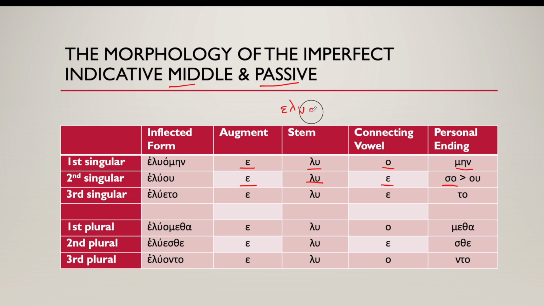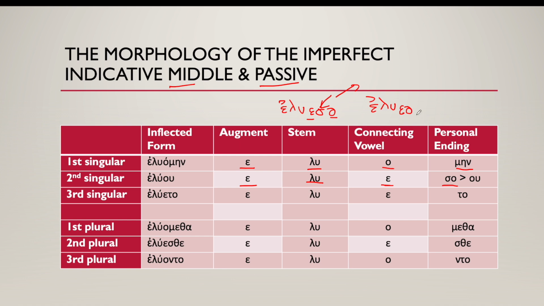Elu-e-sou. So that's what it looks like. But there's a little funny thing in Greek where the sigma does not like to be in between two vowels. So the sigma goes away, it drops out. So you have elu-e-o.